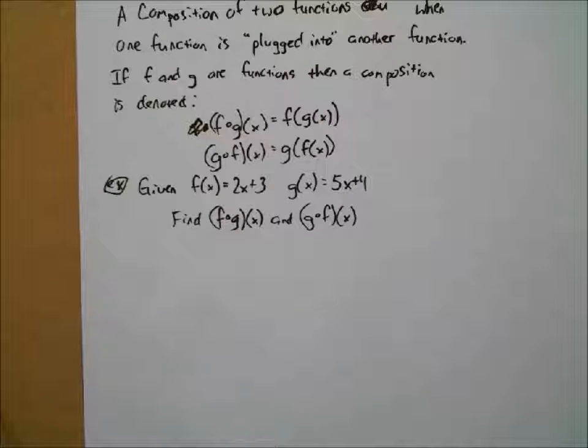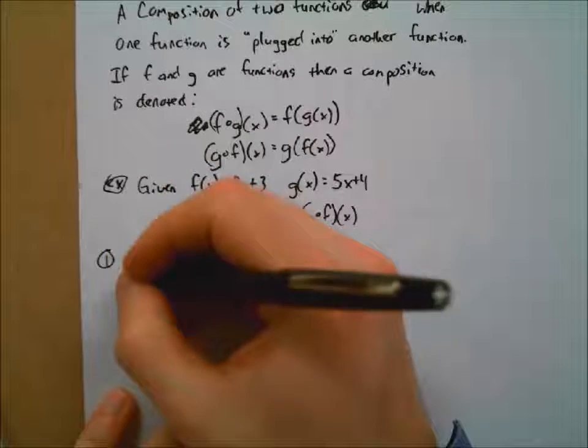Will these be the same thing? We're using the same functions, but in a different order. So do we expect these to be equal to each other? Something to think about, right? We'll see.